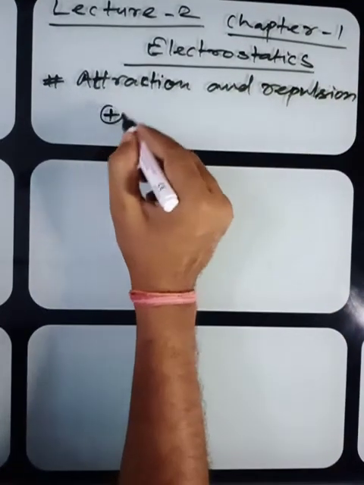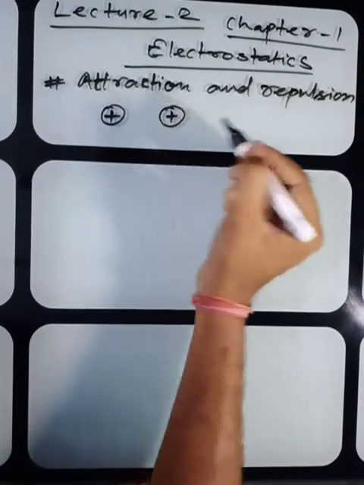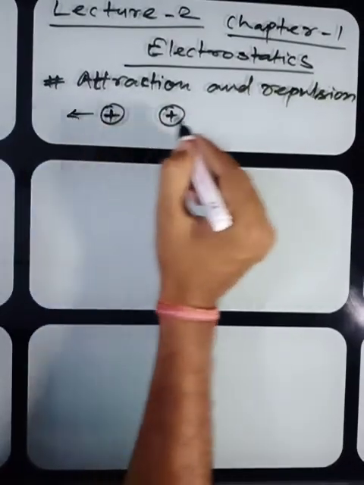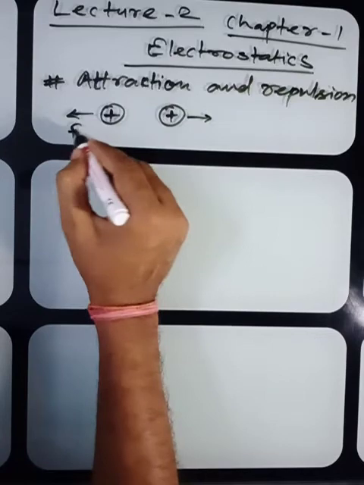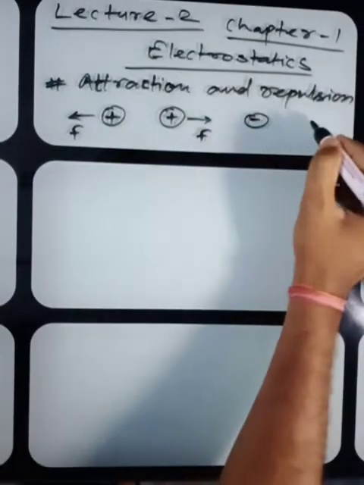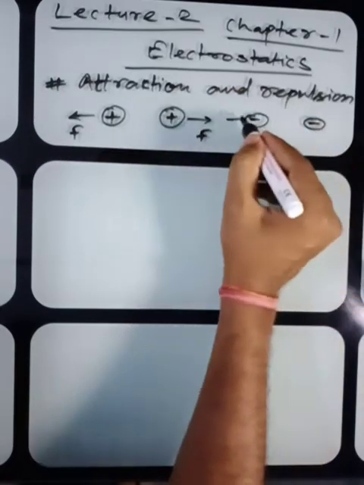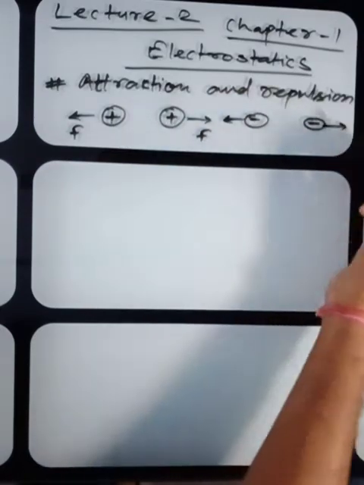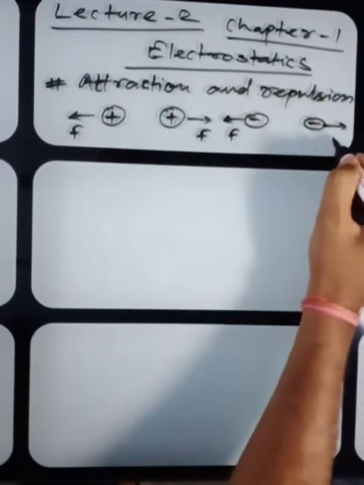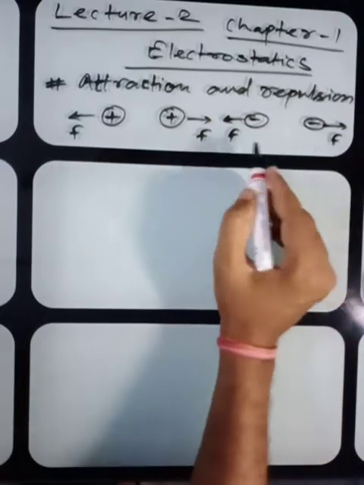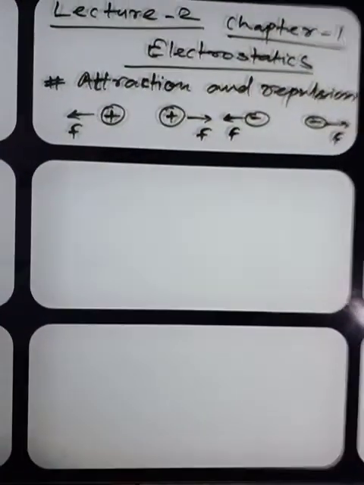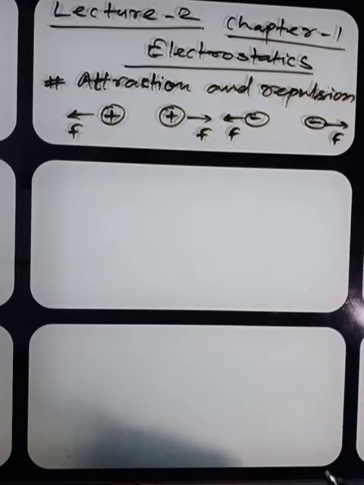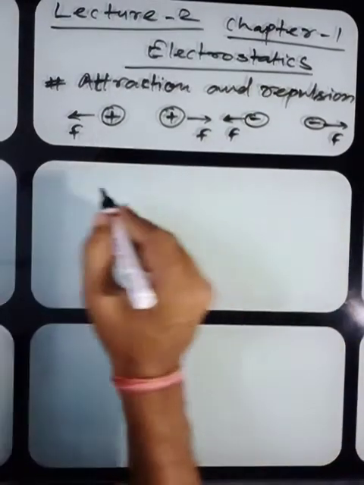Two like charges repel each other with some electrostatic force. What will be the amount of force? That is the magnitude of force. It will depend upon the magnitude of charge and separation. We will discuss later on as Coulomb's law.